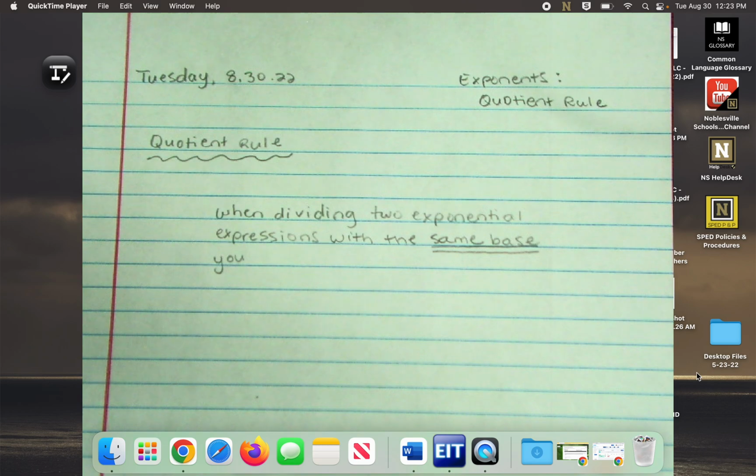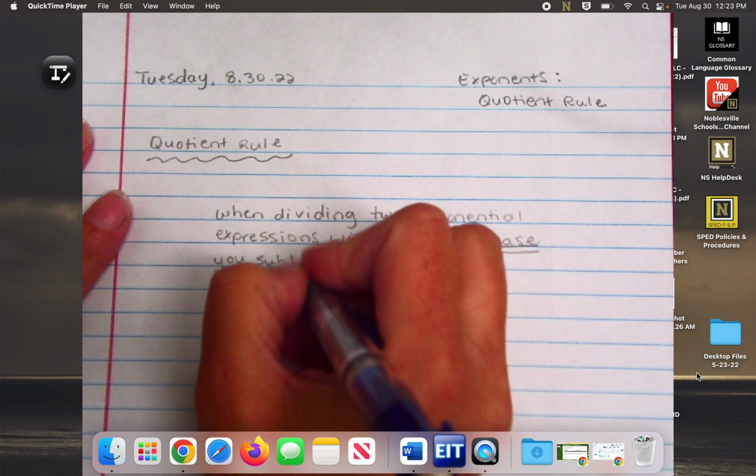We added them for multiplication. What do you think we'll do with division? Times them by each other. No. We added the exponents when we were multiplying. So what do you think we might do with the dividing? Subtract, right? We subtract.